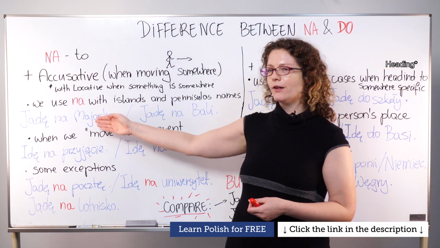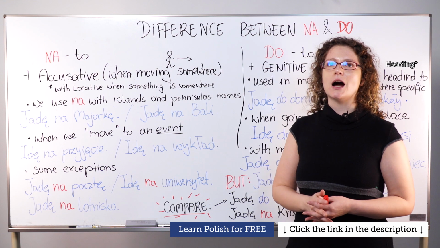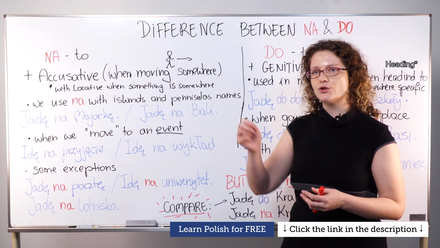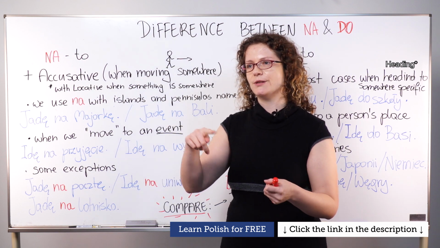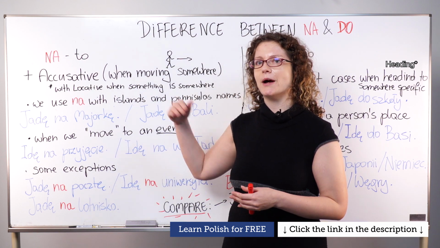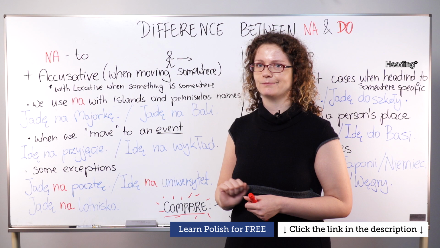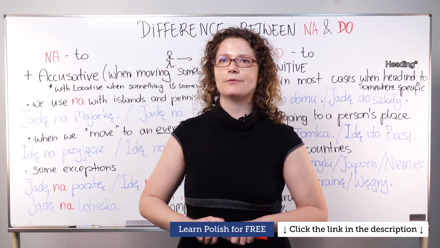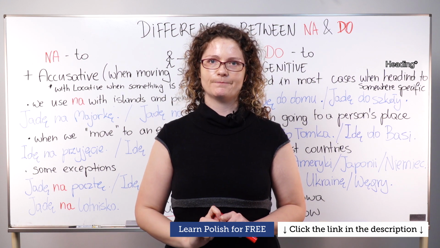Both Majorca and Bali are in the accusative case. Usually if you open a dictionary, you will see Majorca, not Majorkę. So once again, first we can use na with islands and peninsulas.